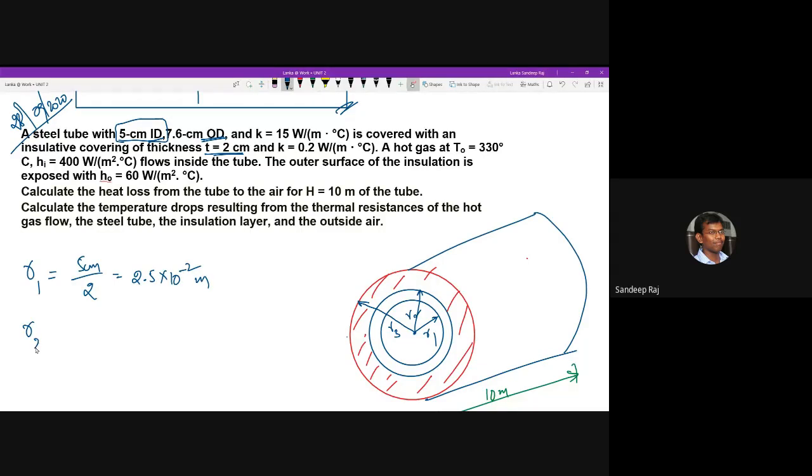I'm converting it into meter. Then R2 is to be taken. It is in terms of the OD, 7.6 centimeter by 2. That is something like 3.9 into 10 to the power of minus 2 meter.